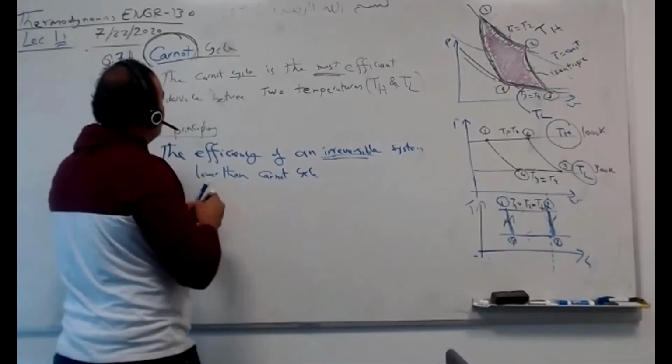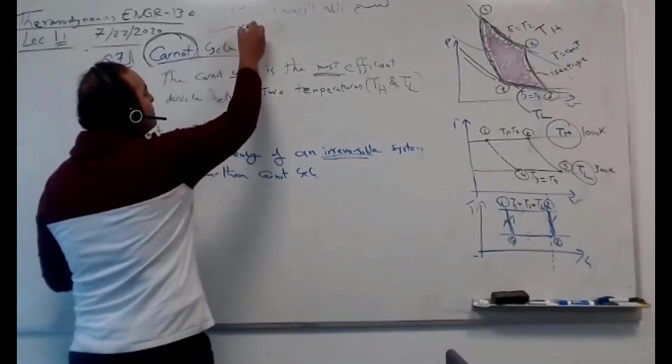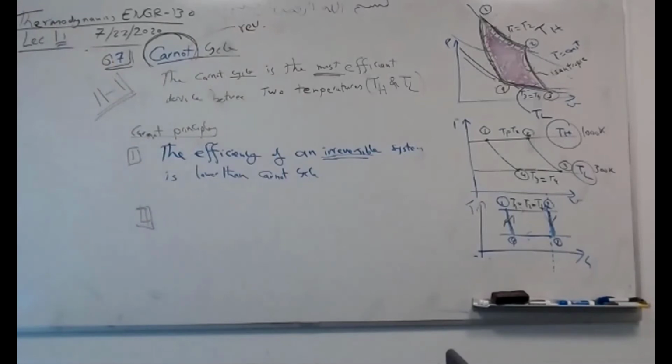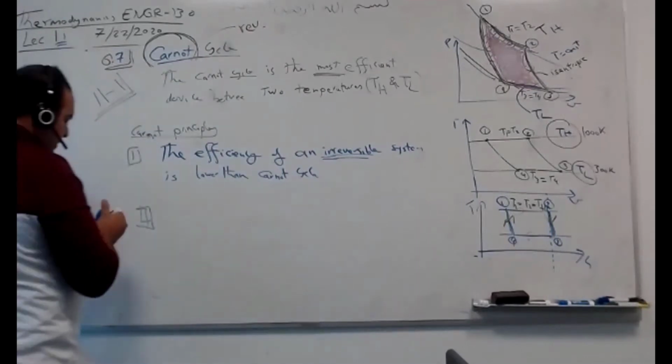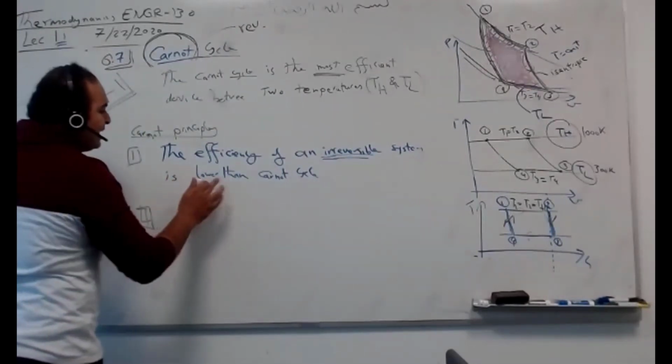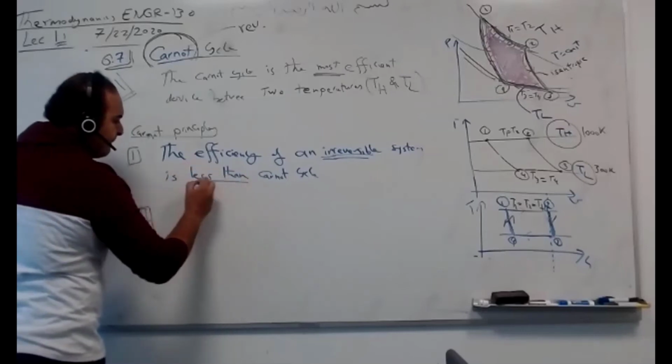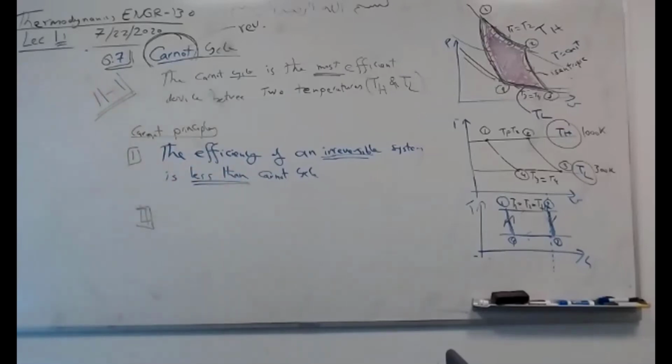It's always reversible. It's ideal. It has no losses. You can say lower or less than. You can say it is always less than the Carnot cycle.